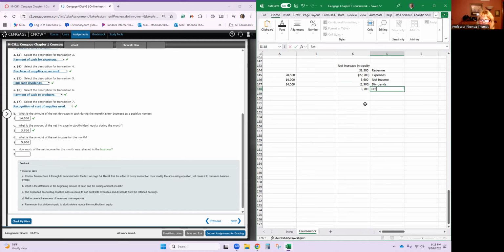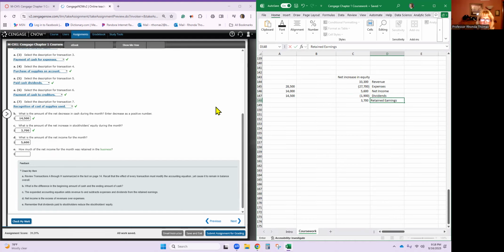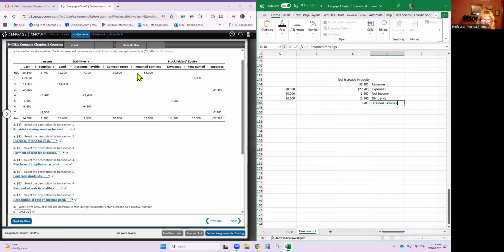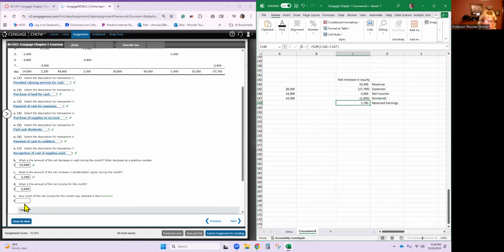We didn't have any increases in common stock, so retained earnings is the only equity account that was affected. The net income and the dividends all come out of retained earnings. So retained earnings is the net increase, and you get to use that number again.